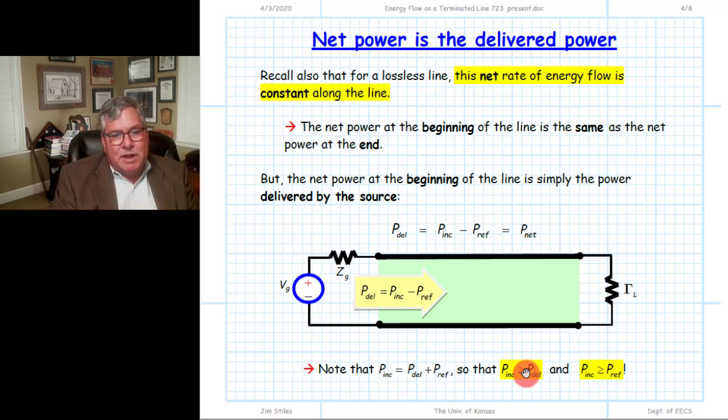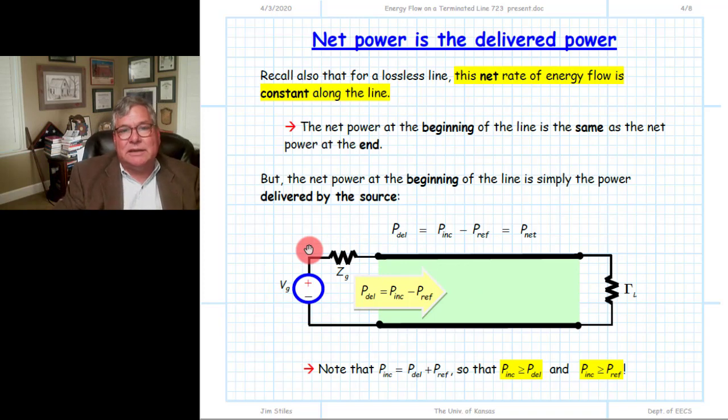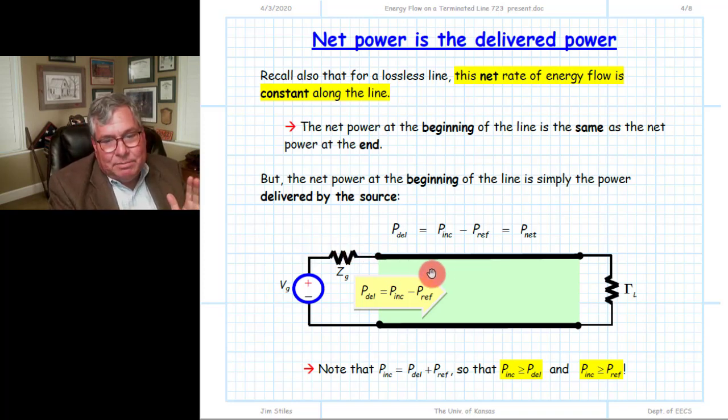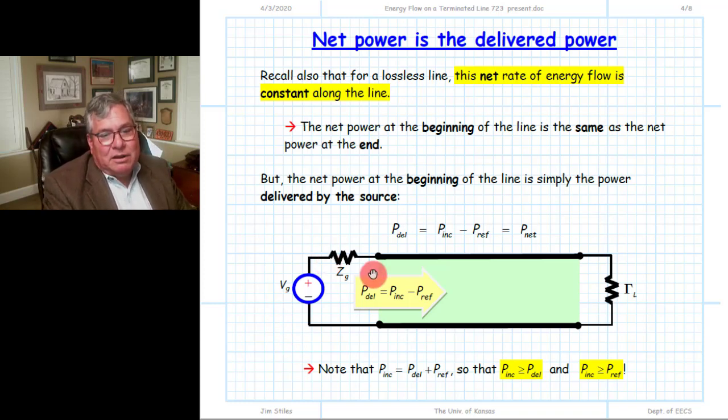It seems non-intuitive to them that the incident power is due to the source. And because the incident power is due to the source, then the incident power must be equal to the power delivered by the source. But remember, there are two terms with respect to the plus wave propagating away from the source. There were two terms in that solution. One had to do with the source, and certainly that does contribute to the power of the incident wave.